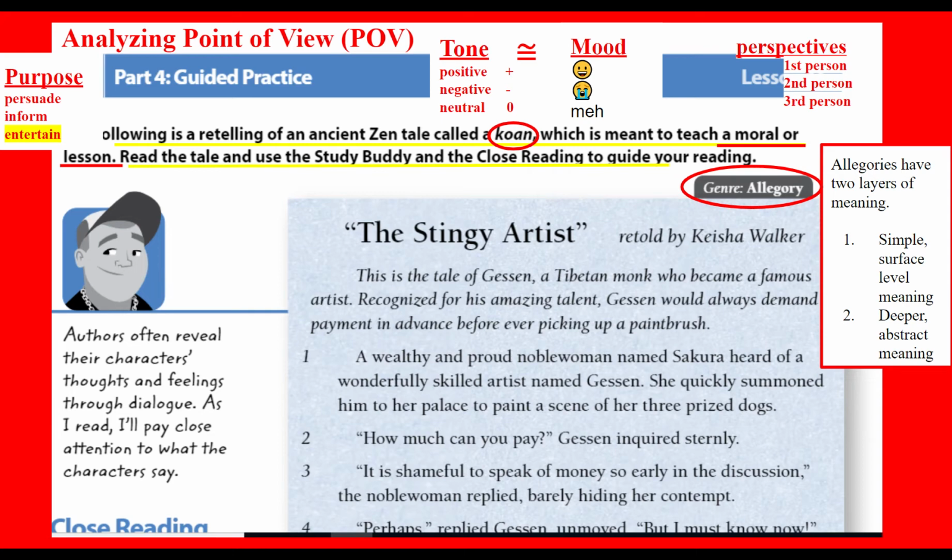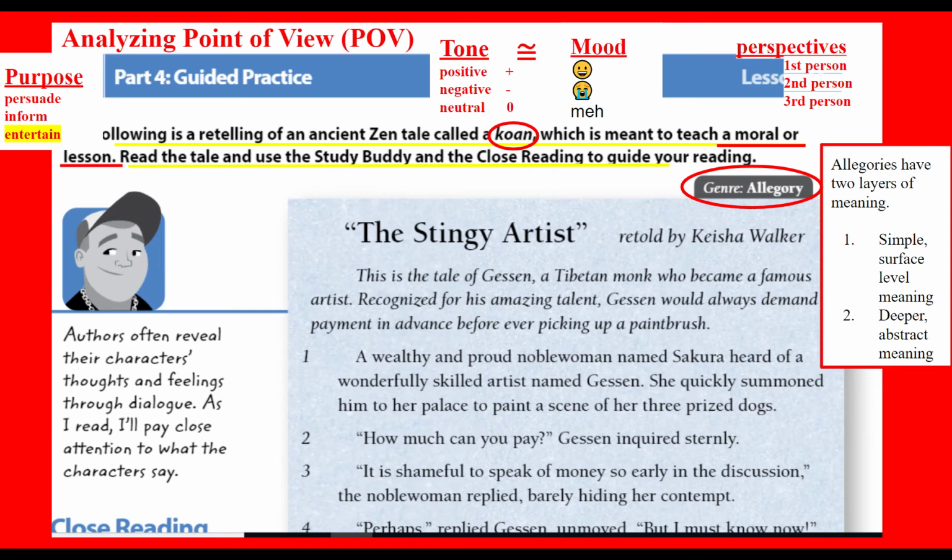It's a little bit harder to understand. You kind of have to dig to really figure out that underlying meaning. So, in an allegory, you have characters, setting, conflict, theme, and all of those work together to help you develop and figure out that deeper, more abstract meaning.